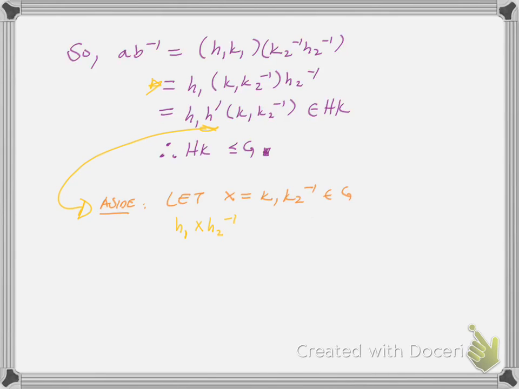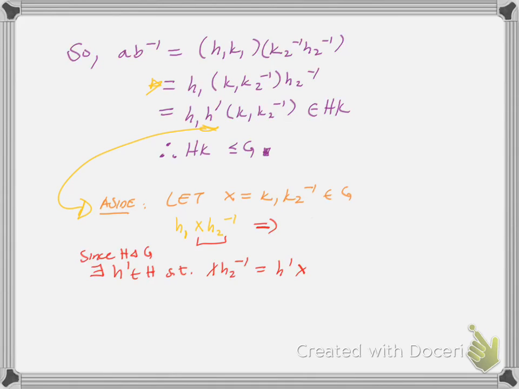We're still going to let x equal k1, k2 inverse, right? And this right here is representing a left coset in H, because x is some element in G, but we know it's in G. So what that tells us is that, since H is a normal subgroup of G, there exists an h prime in H such that x h2 inverse equals h prime x.